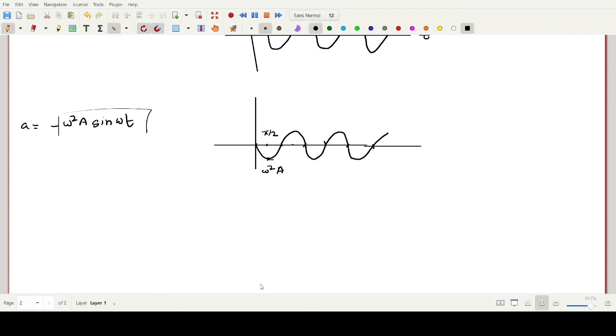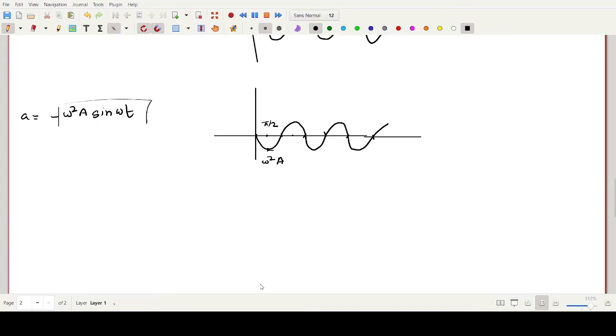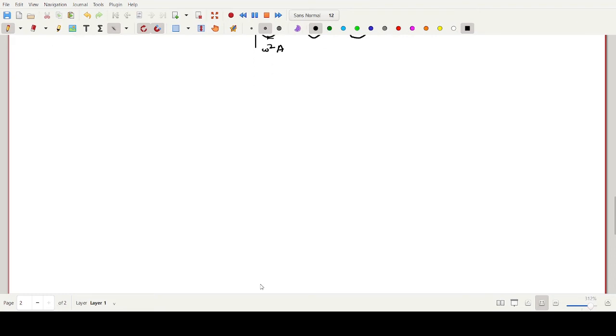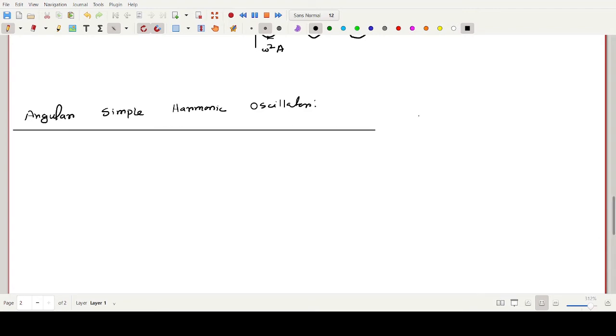Okay, so now our new topic will start, and the new topic is angular simple harmonic oscillator. So what is that?